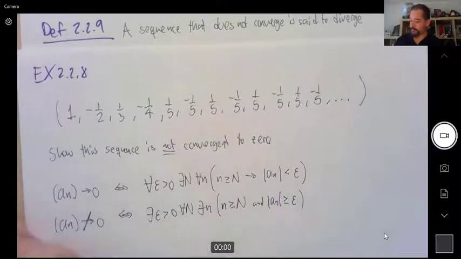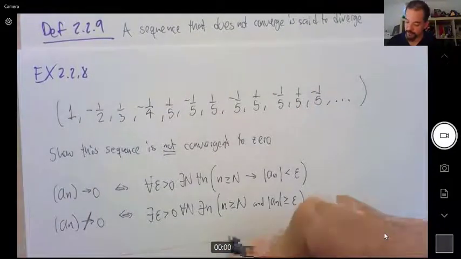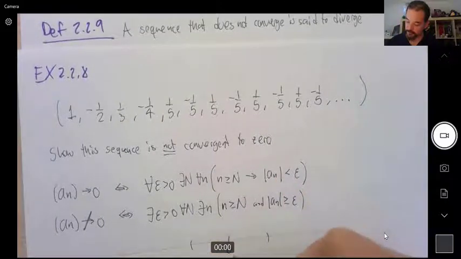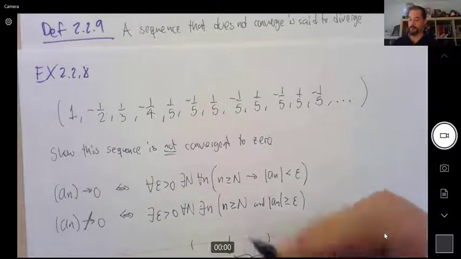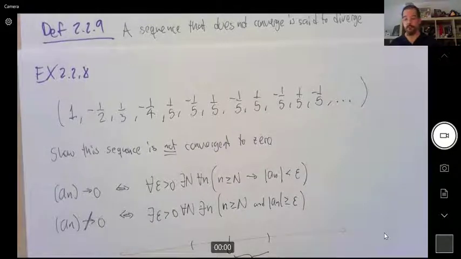So in other words, now it's picture time. There's 0. We need to find an epsilon with the following property. No matter how big you pick, for every capital N, there's an even bigger little n that is outside of this interval.